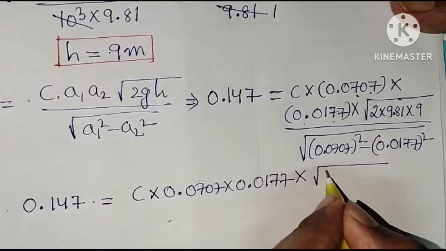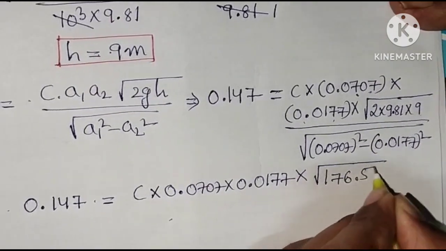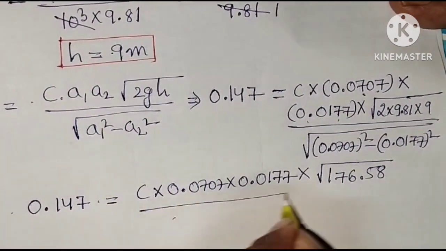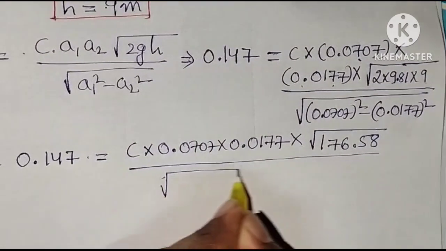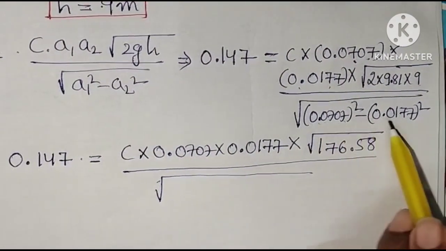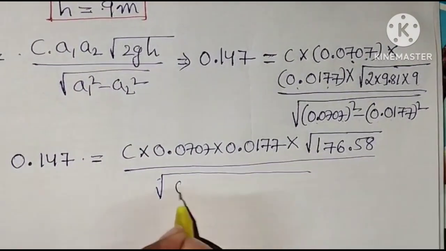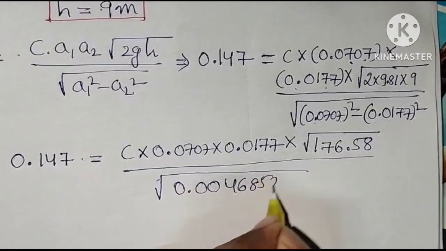Its value is approximately 176.58, whole divided by root over 0.0707 whole square minus 0.0177 whole square. If you calculate that, you will get 0.0046852.